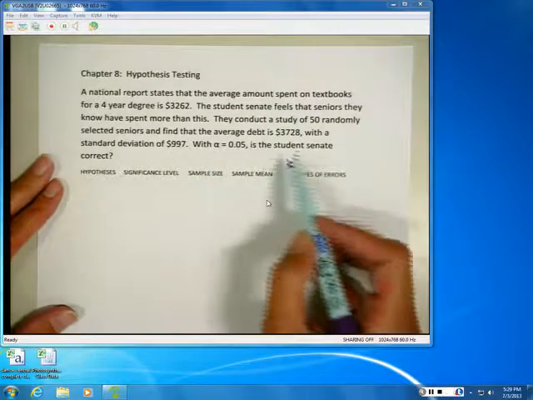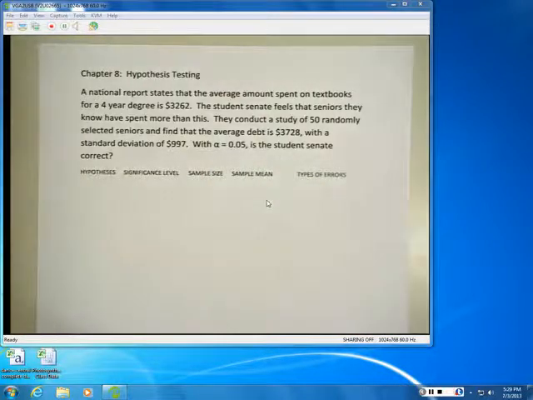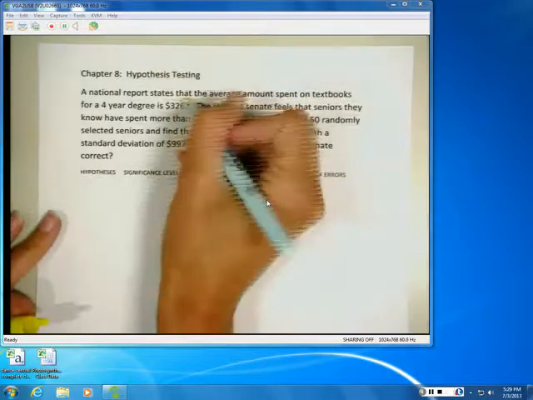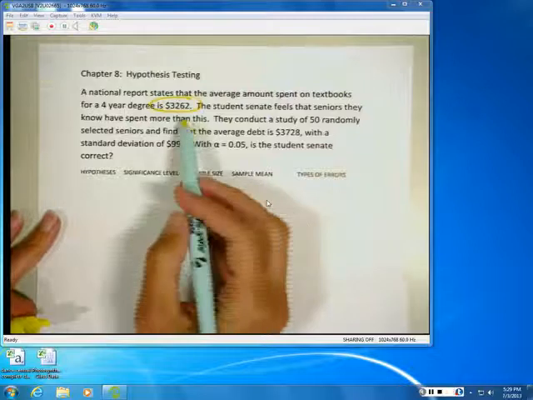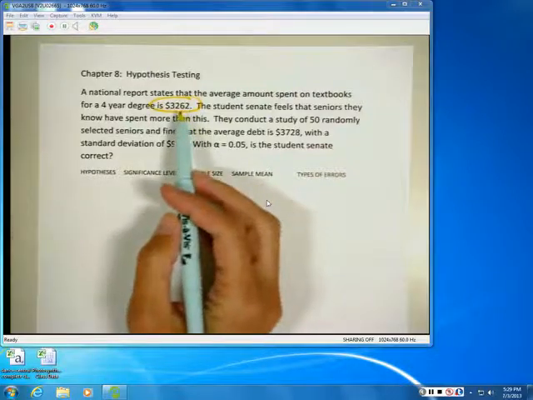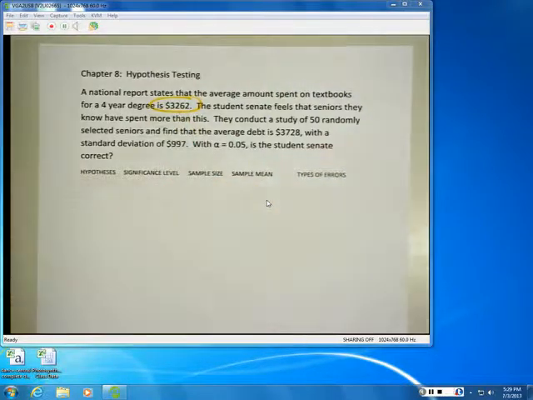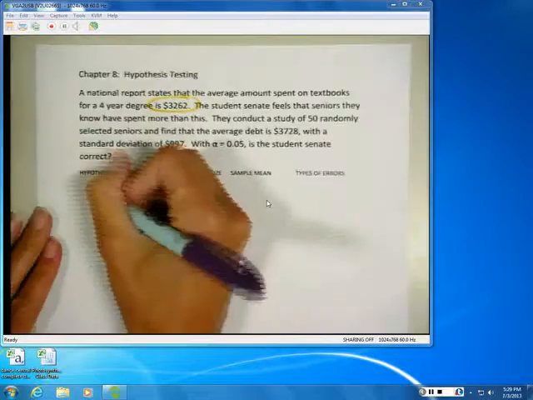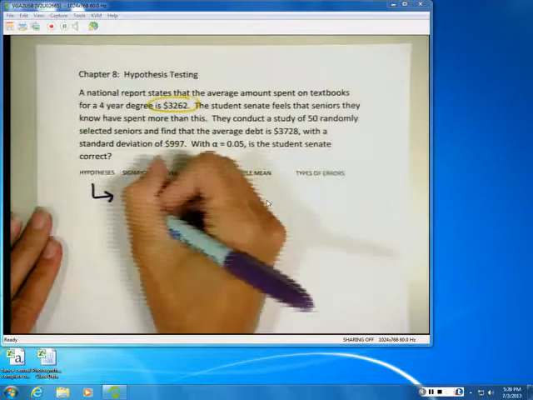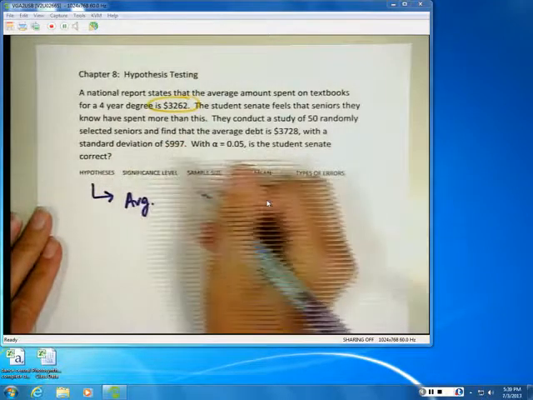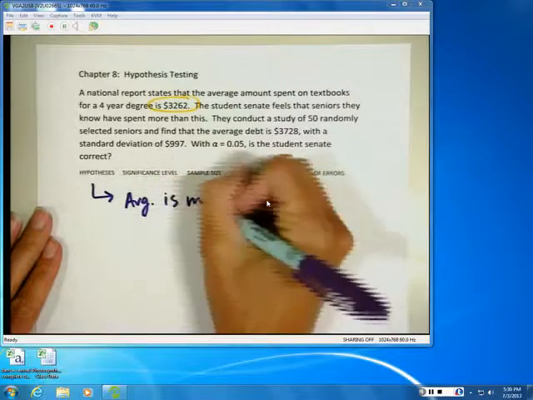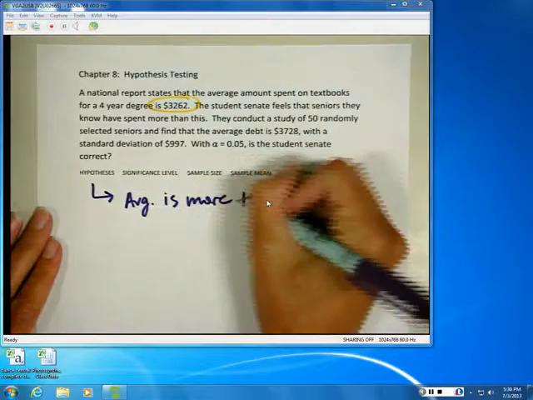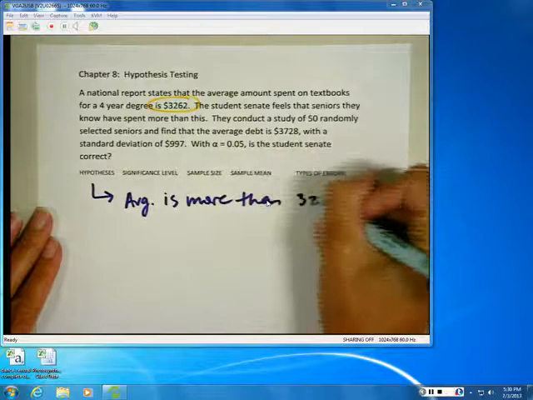is the Student Senate correct? Well, for starters, the Student Senate thinks that the average is not this number that the report states, but it thinks that the average is more than that. So they're hypothesizing that the average spent on textbooks is more than that amount that was in the claim.